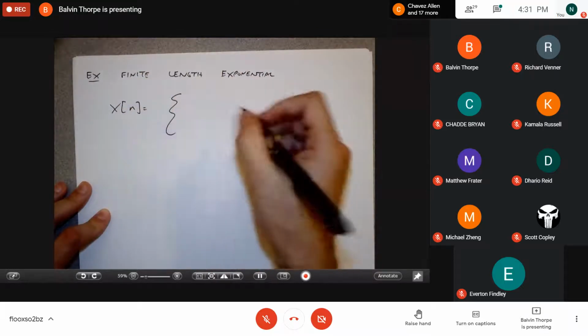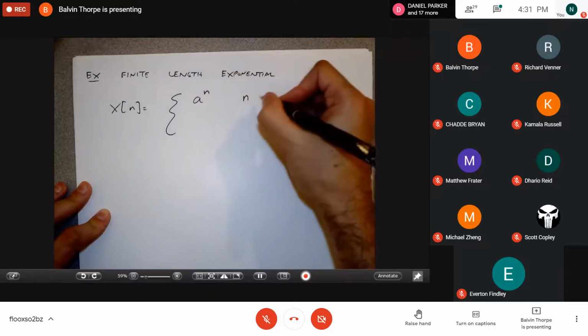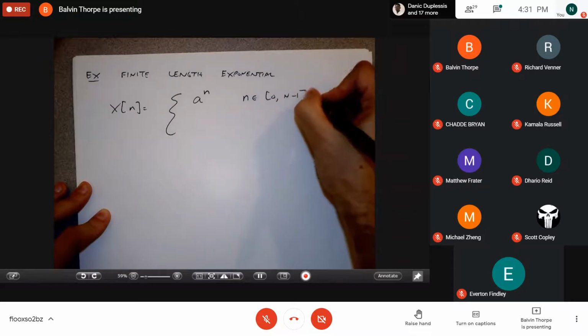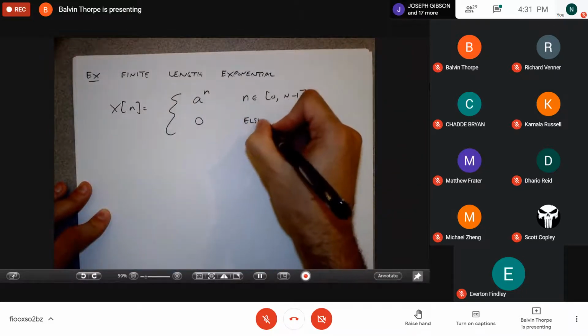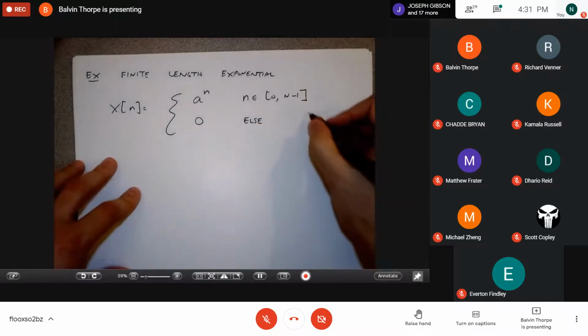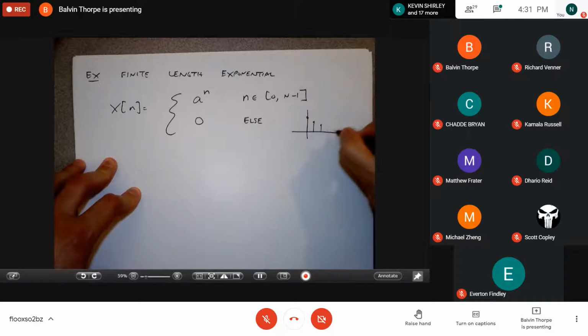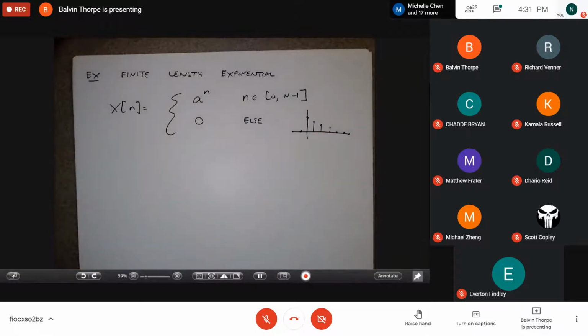This equals a to the n for n within this range, and 0 otherwise. So what that looks like is just something that turns on at 0, it exponentiates for a while, and then it turns off at some point, and then is 0 afterwards. So there's only a finite number of non-zero elements.